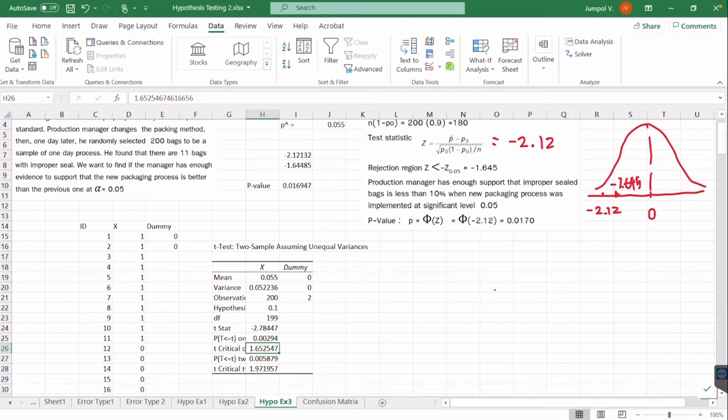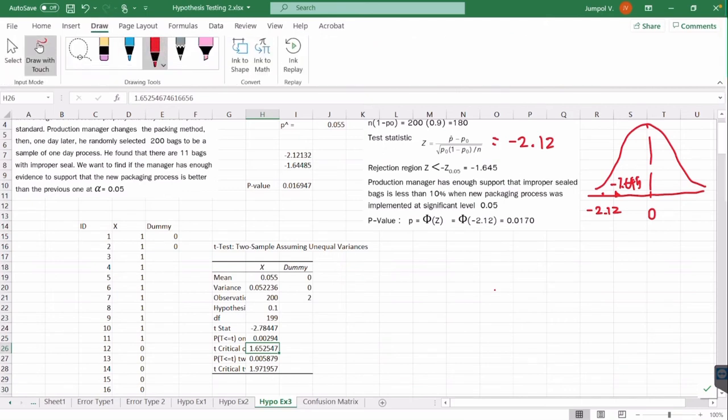If we draw the t distribution here, the mean is 0 and the critical value is minus 1.65.